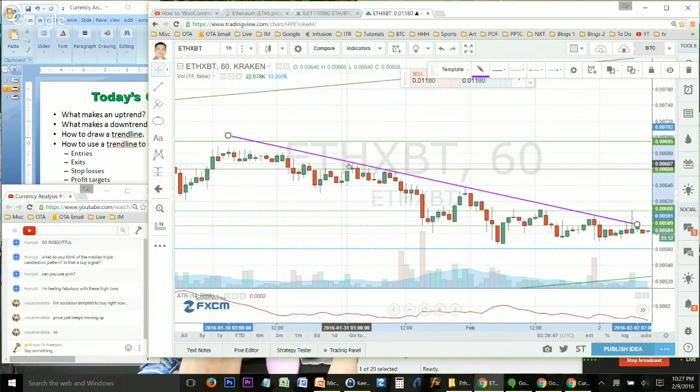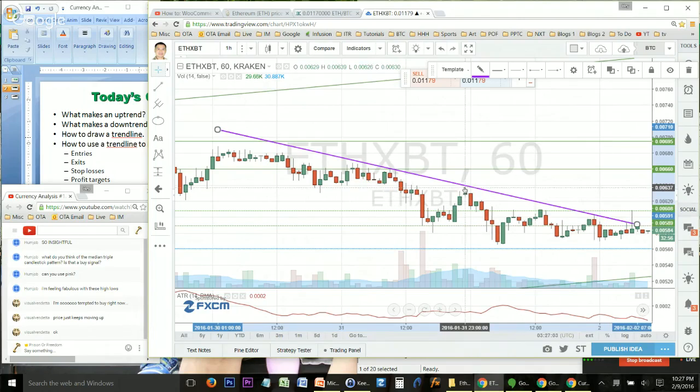You guys see how it touches all these points right there? And it comes down to here. Now, if you use the high point method only, then it would be like that. It would touch that high point right there and this high point right here. And that high point right there. And it almost touches that one right there. Like I said, either one, it's up to you.